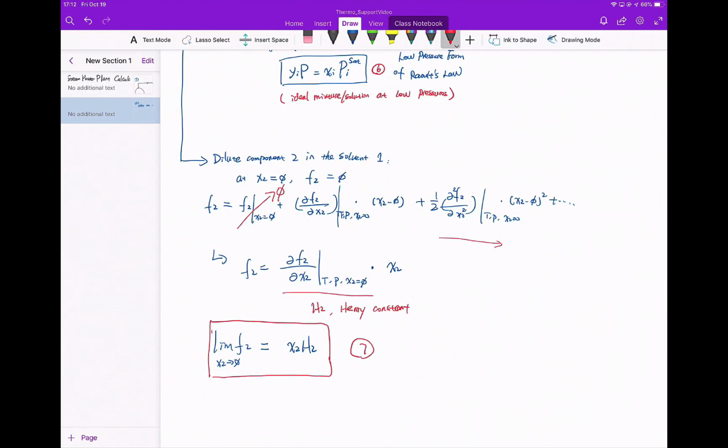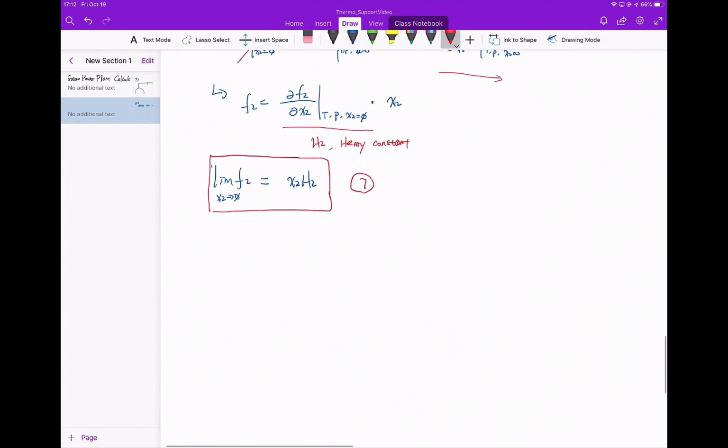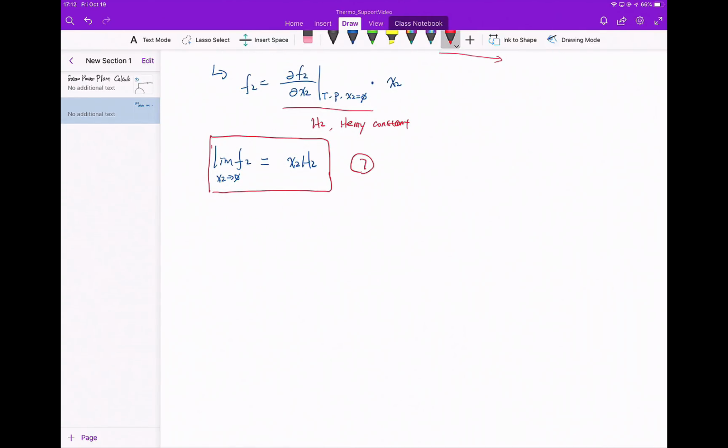Another very useful quantity from the composition is Henry's constant. Like we discussed in lecture, it is quite important to keep that in mind.